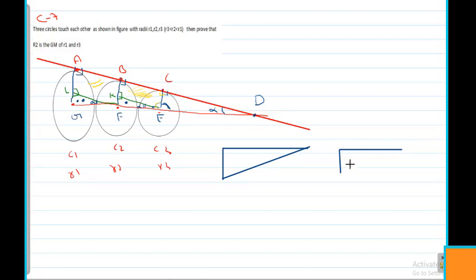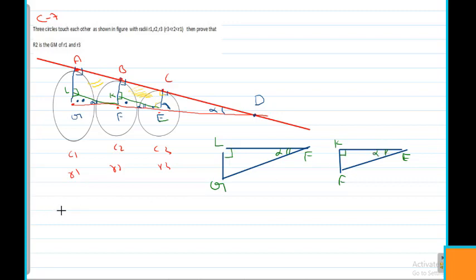Name this L, this G, this F, and here this K, this F, this E. Here alpha, here alpha.